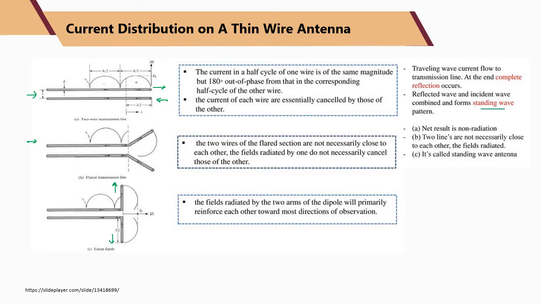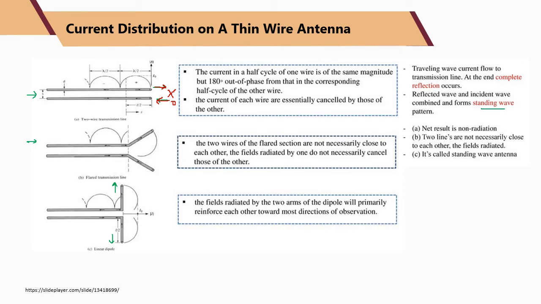Okay, we have discussed this earlier: the standing wave generation due to the incident and also the reflection. And when you have two wires, one flows to that side and the other flows to the other side, so the net current flow is 0, in which the field and the current cancel each other.